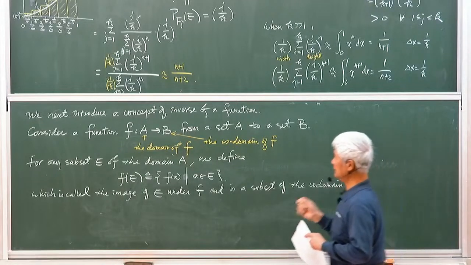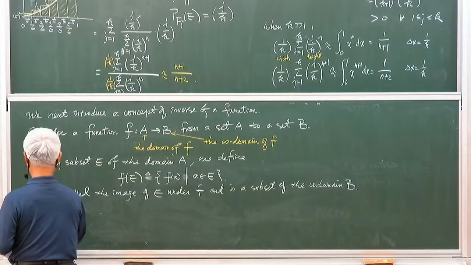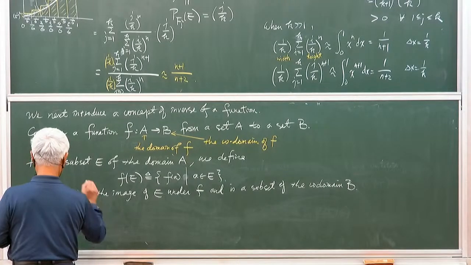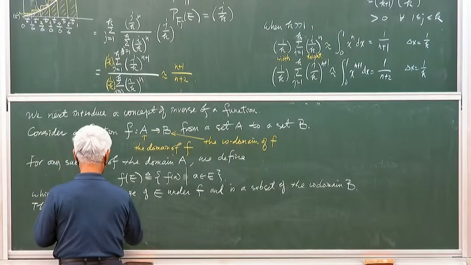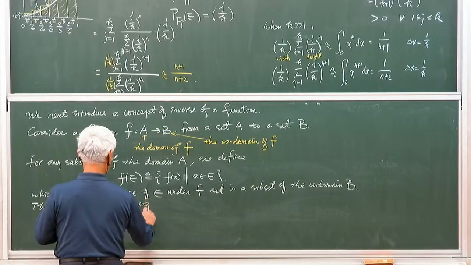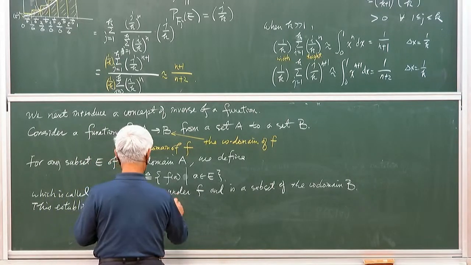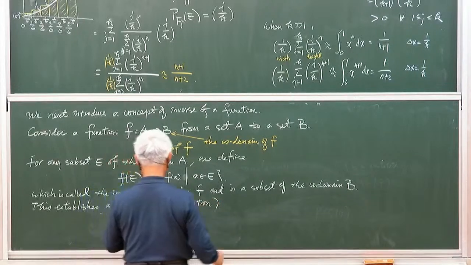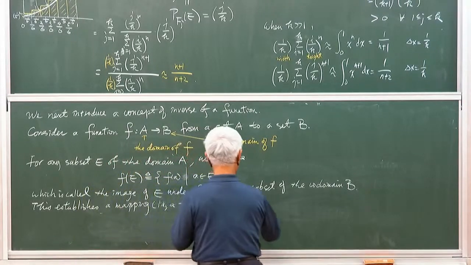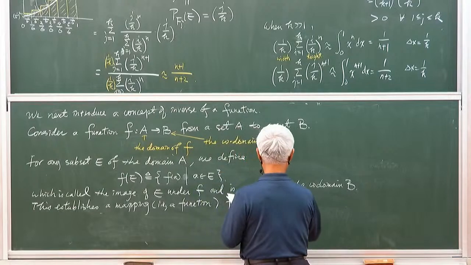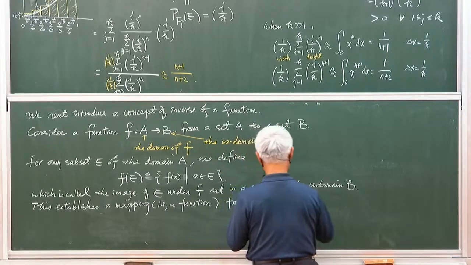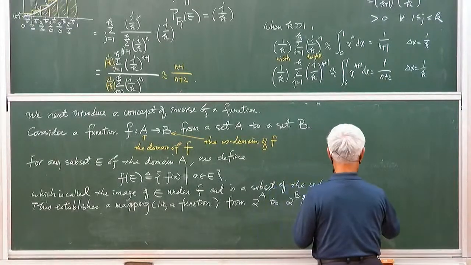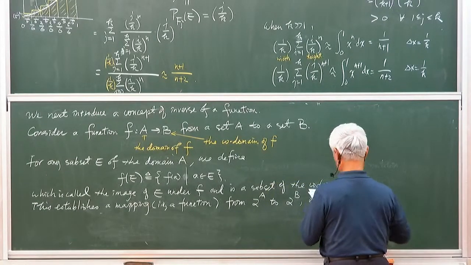And this established a mapping, maybe a function; a mapping is just another name for function, from the power set of A to the power set of B, also denoted as f here.